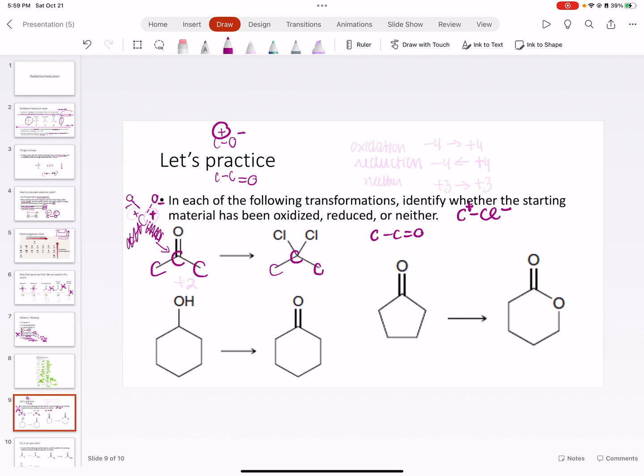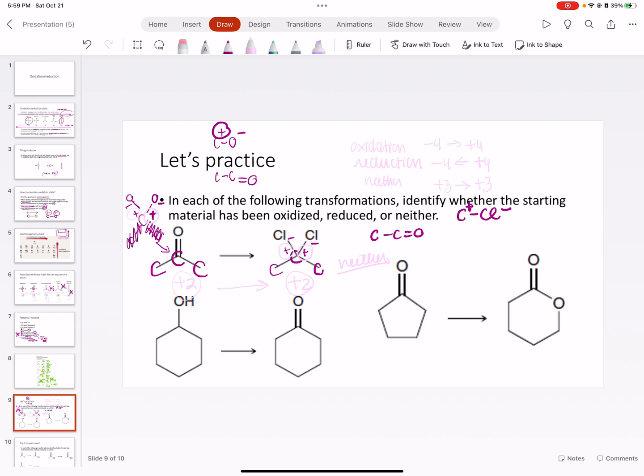So we have a negative chlorine, positive carbon, negative chlorine, positive carbon. Carbon-carbon bonds don't really count, so we just have a plus 2. If we go from plus 2 to plus 2, nothing changed, right? So it will be neither. It wasn't oxidized or reduced.